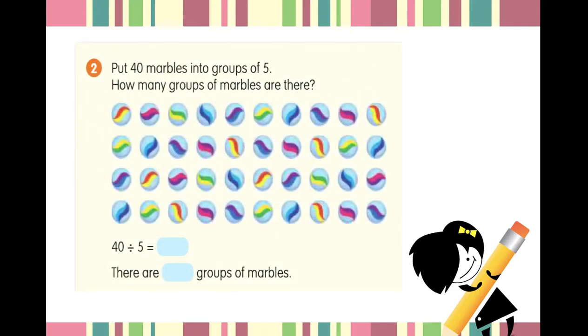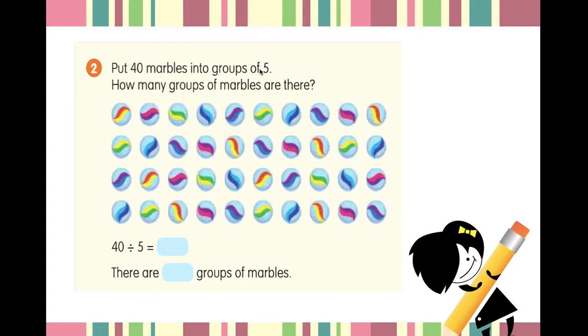Now, look at another example. Put 40 marbles into groups of 5. How many groups of marbles are there? So, there are how many marbles? It's mentioned. Excellent. 40 marbles. So they have mentioned there are 40 marbles, and you are going to divide them into groups of 5.